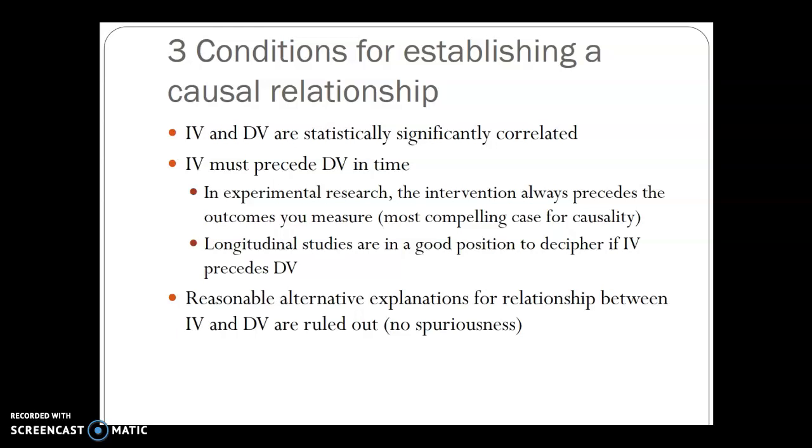So, if you're making a causal claim, you have to be able to rule out all the other possible factors that might be intertwined with your purported cause that you might be confusing for being the main causal factor, if that makes sense. So this is the notion of spuriousness.